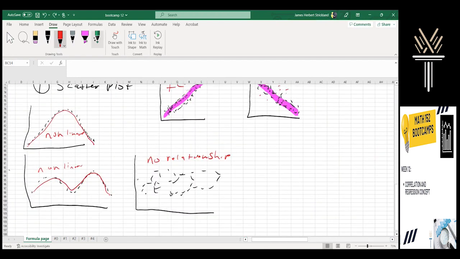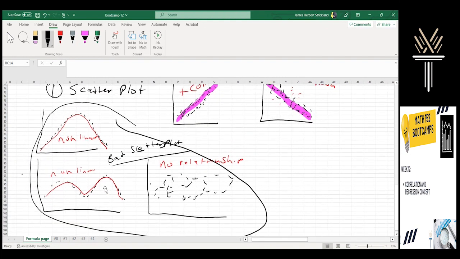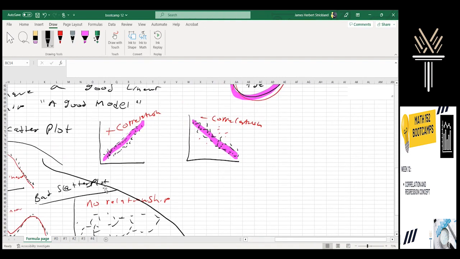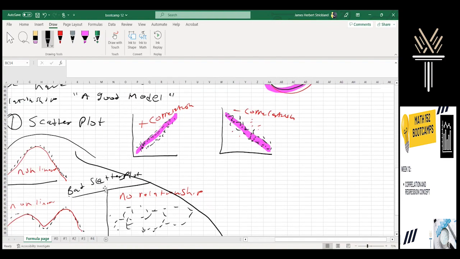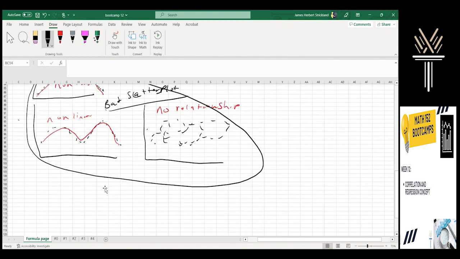We'll just group them and say bad scatter plots. All I mean is that they're examples of a non-linear or not linear relationship. And so if you see the bottom 3, that's a problem; if you see the top 2, good. Those are examples of good ones. And we need that to happen to have good models.